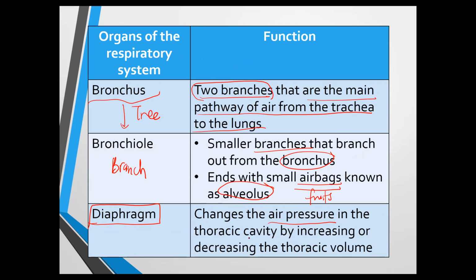Never mind, later teacher will explain. When you breathe in, what happens? When you breathe out, what happens? That's what it means. So the diaphragm will either go downwards or go upwards. This is what the diaphragm does.